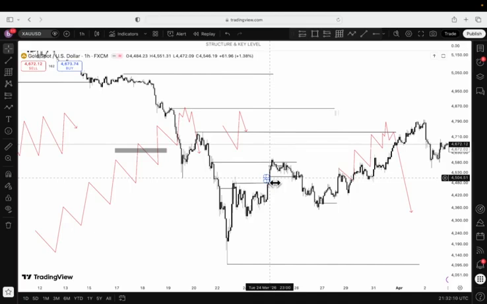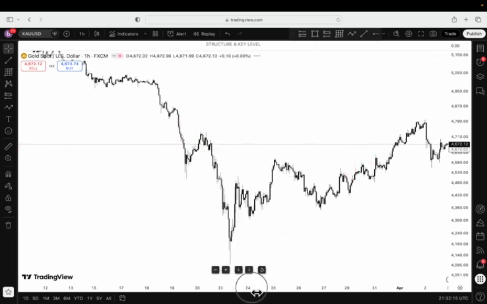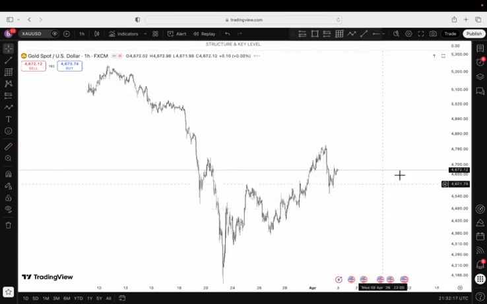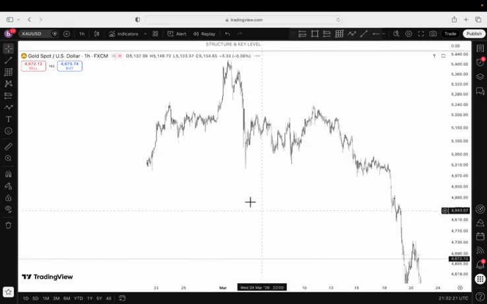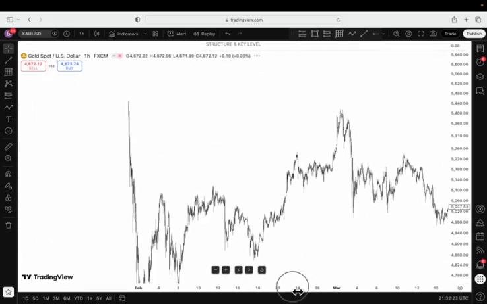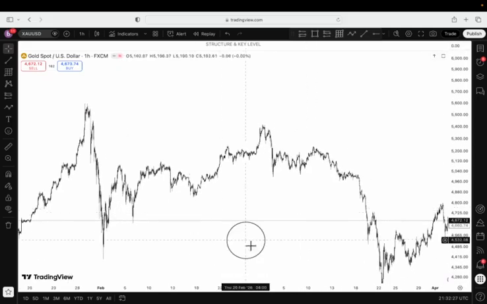Let's check out gold. What's happening here? Have we had an outlook before on gold?